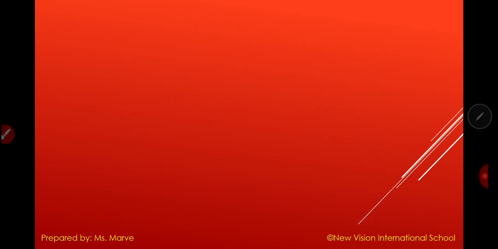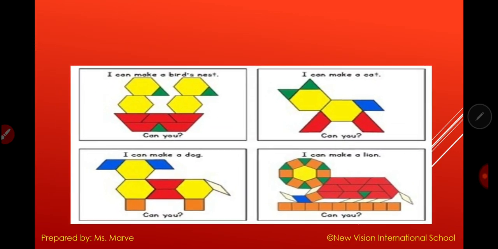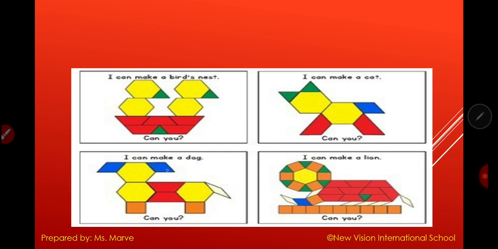Next, here, if you want to build a bird's nest, you can use different shapes. If you want to make a cat, a lion, and a dog.